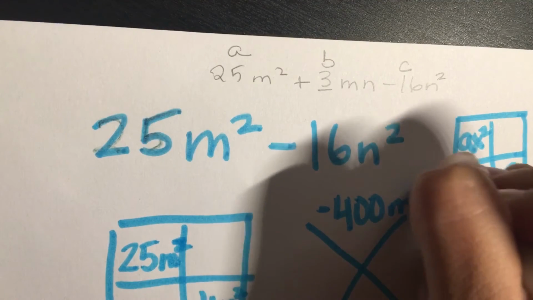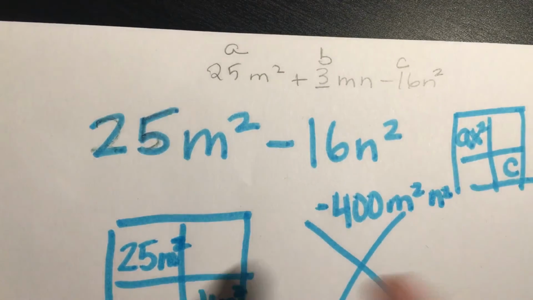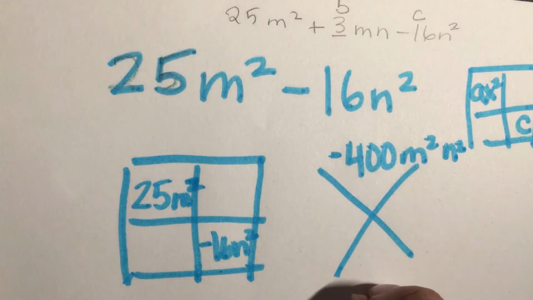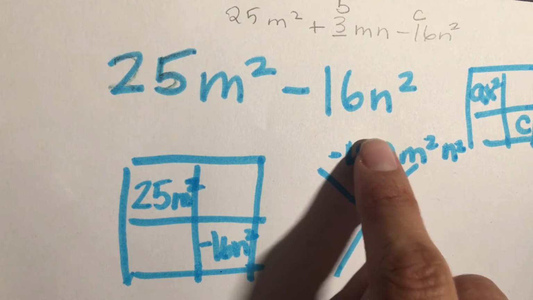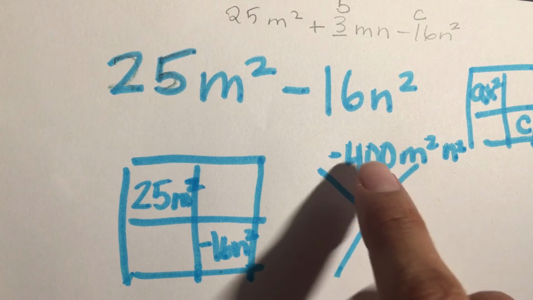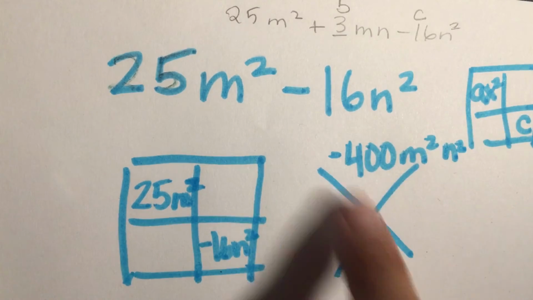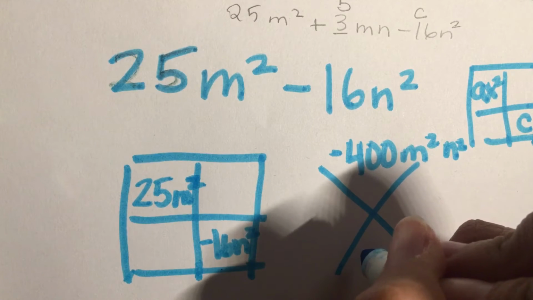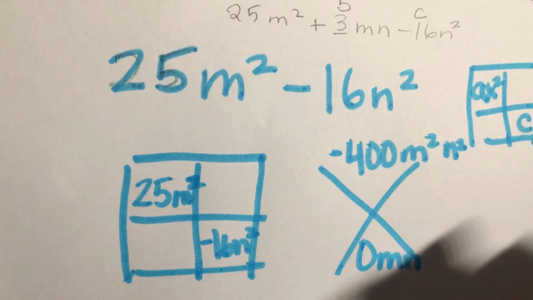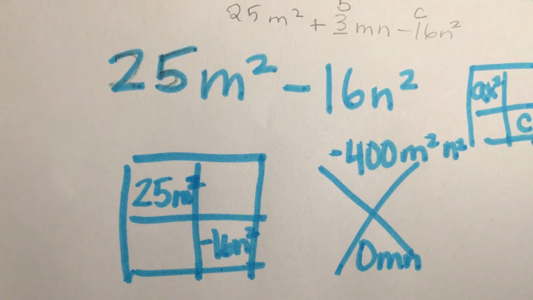Okay, now the only problem with this method in this case, Citlaly, is that you're going to get really big numbers here. So when you're listing the factors of 400, remember it has to multiply to this but add up to this, which we don't have. So we're going to call this one 0mn.